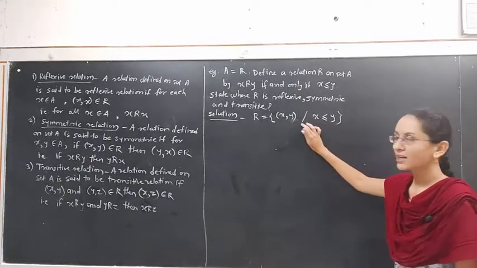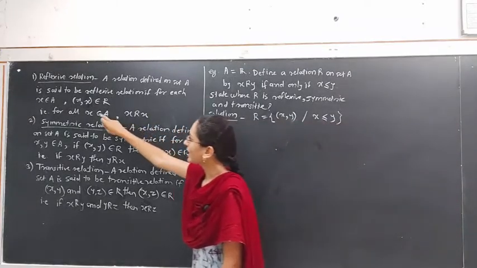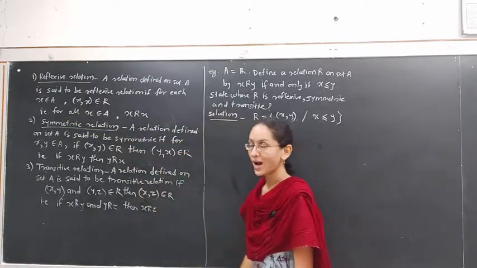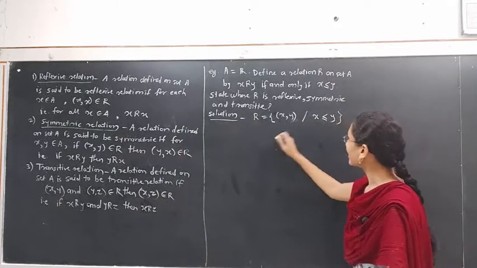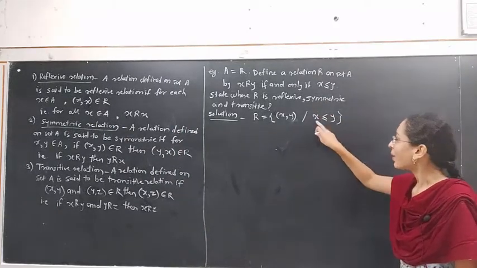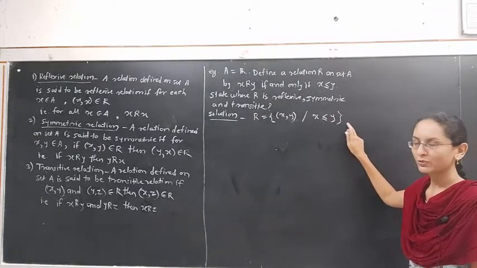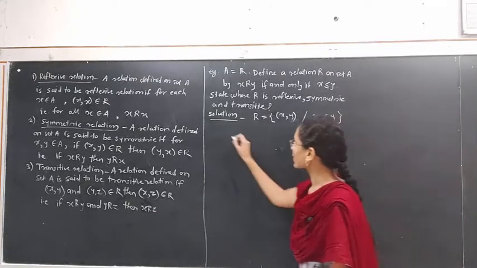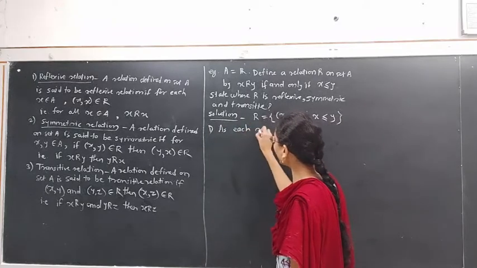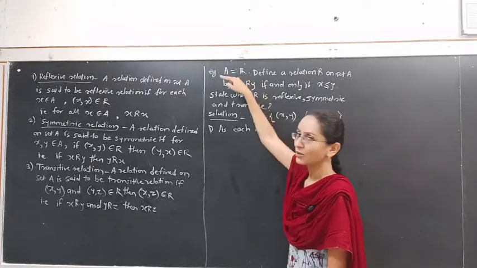First we check whether R is a reflexive relation or not. We have this definition: for all x belongs to A, the ordered pair (x, x) belongs to R. Here we consider all the real numbers and check whether every real number is less than or equal to the same number. Yes, it is true. We can write each x belongs to R as each real number, because we are defining relation R on the set of real numbers.